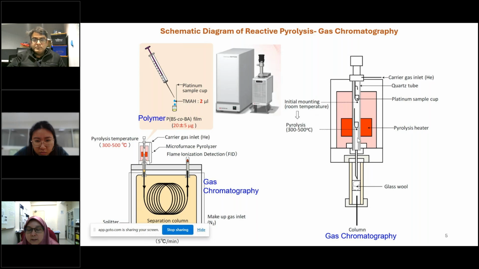Once it is heated, it will transfer into the column of the gas chromatograph, separation will take place, and it will be detected by the flame ionization detector, FID. This is the schematic diagram of what happens during the sample insertion at this pyrolyzer.